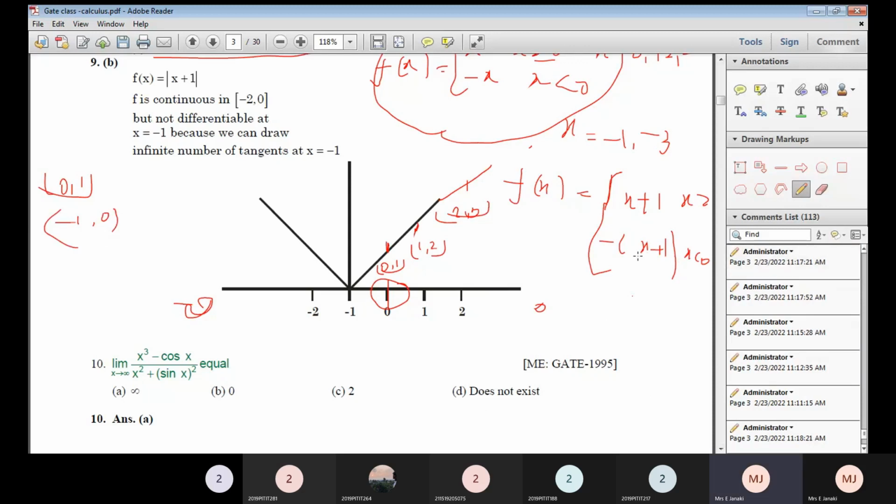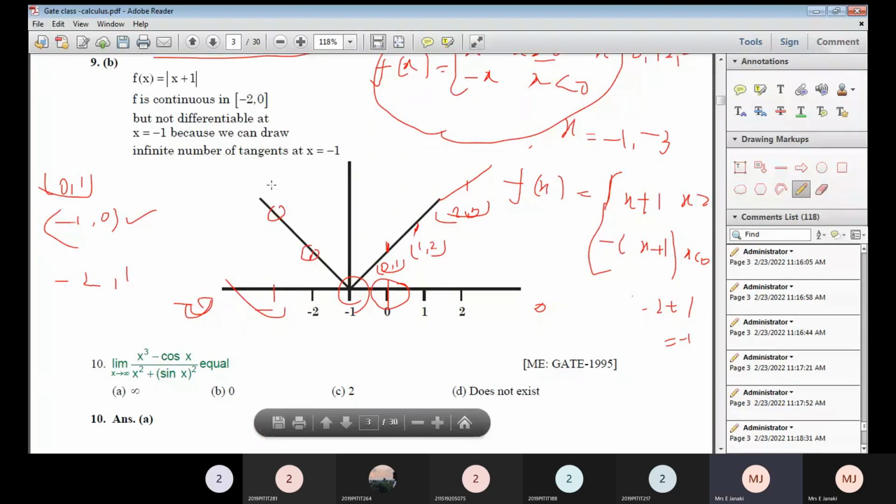Then x equal to minus 2: minus of minus 2 plus 1 gives y equal to 1. Draw x equal to minus 1, y equal to 0, and then x equal to minus 2, y equal to 1, this point. Similarly x equal to minus 3, and drop the point. Now join the lines.